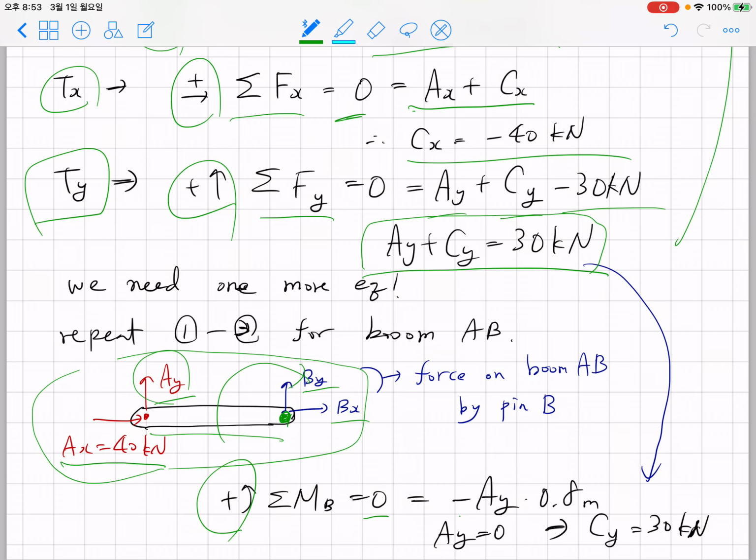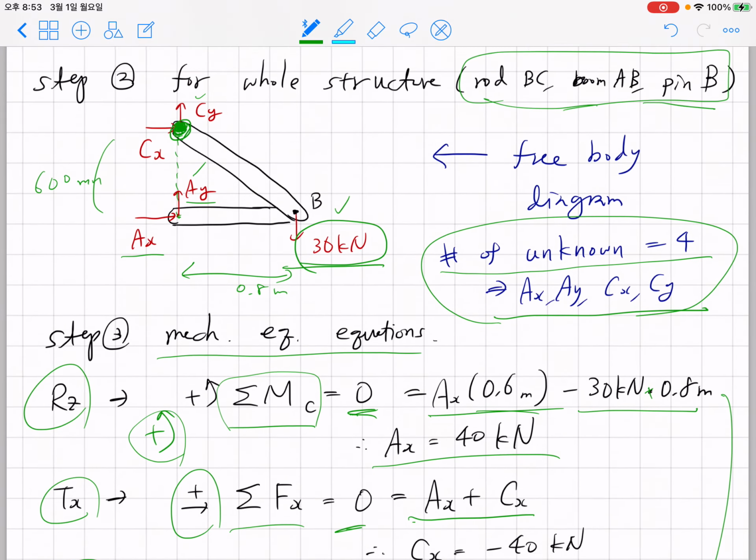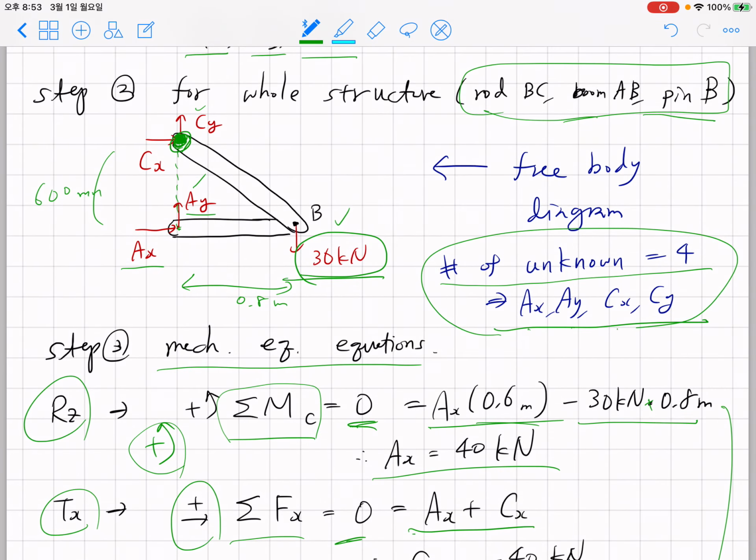So minus Ay multiplied by 0.8 meter must be 0. Ay should be 0. Of course, the forces Bx and By acting at point B do not contribute to the moment. Because Ay is 0, Cy is 30 kilonewton. With that, we figure out all unknowns: Ax, Ay, Cx, Cy.